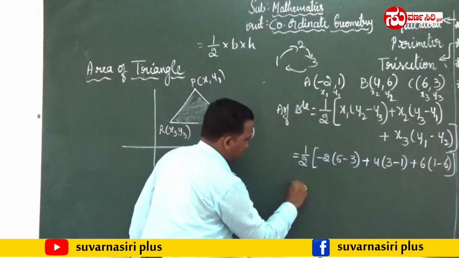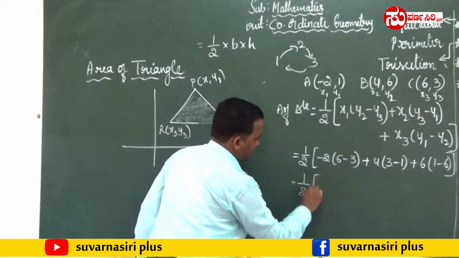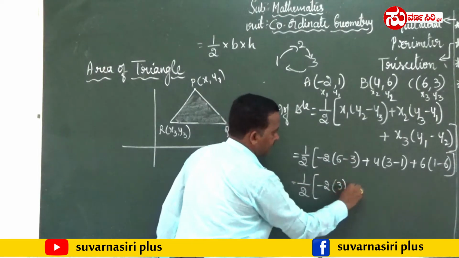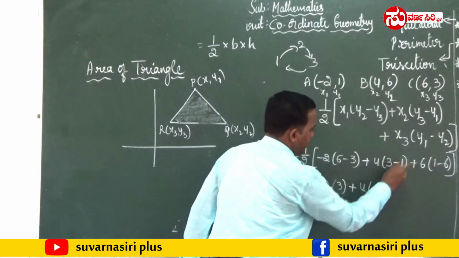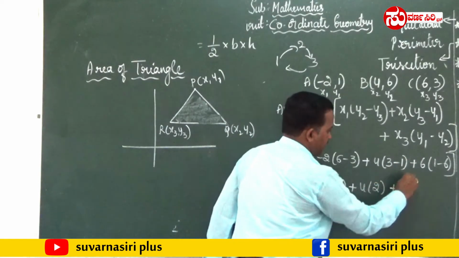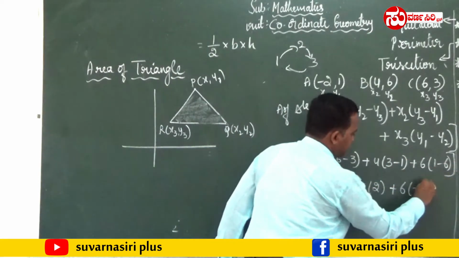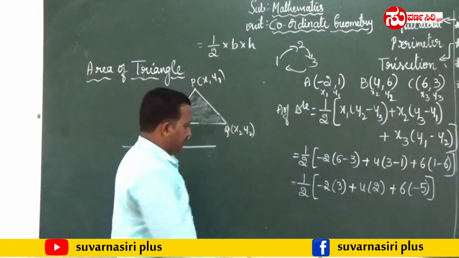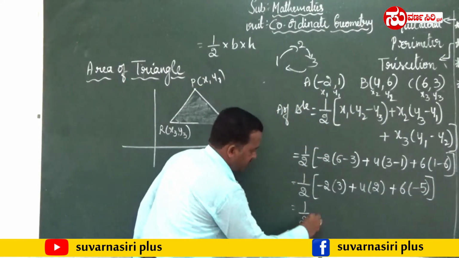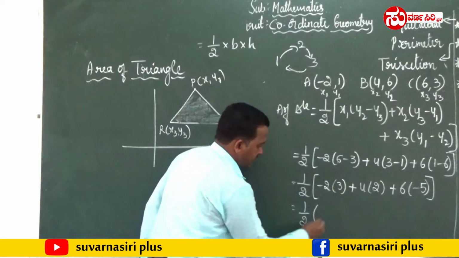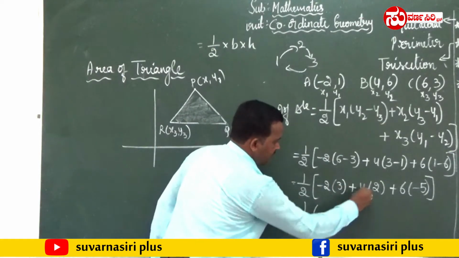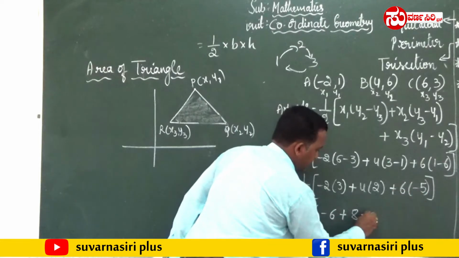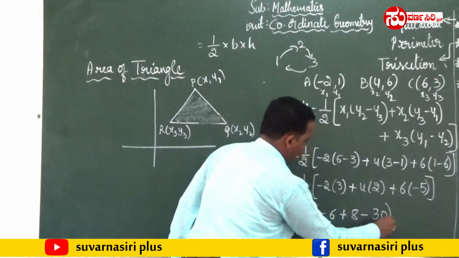In the bracket, go for simplification. -2, keep it as it is. 6 minus 3 is 3, plus 4 into (3 minus 1) is 2, plus 6 into (1 minus 6) is -5. Then proceeding with that, -2 into 3 is -6, 4 times 2 is 8, 6 times 5 is, plus into minus, -30.